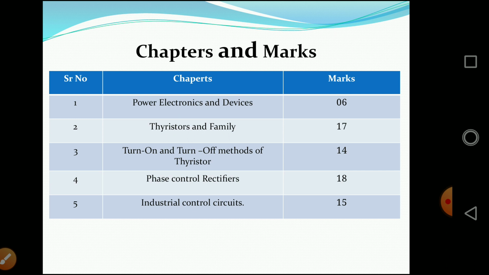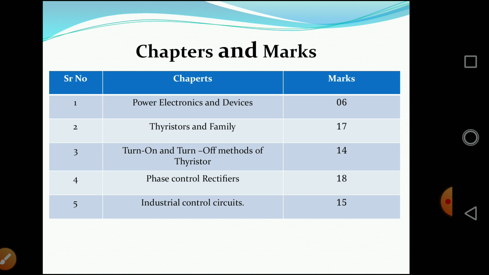To make the thyristor turn on, we need some circuits, and to turn it off, we need some external elements. What the different turn on and turn off methods for the thyristor are, we are going to study in the third unit.